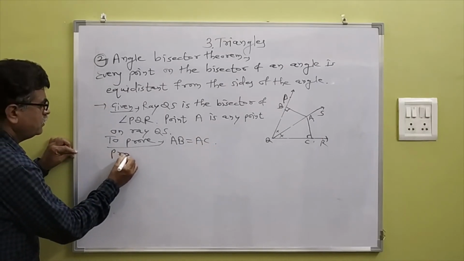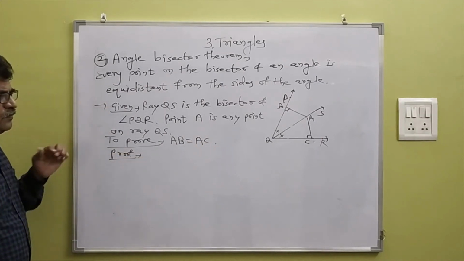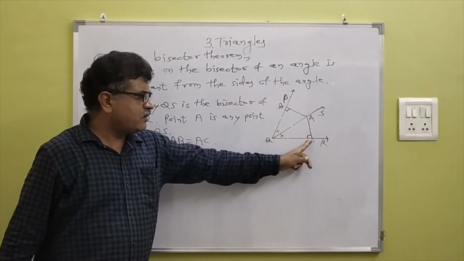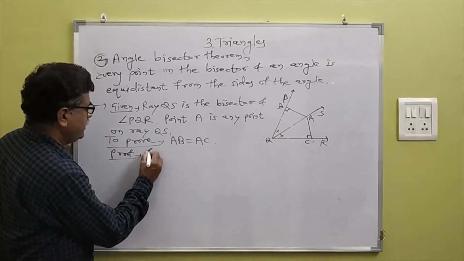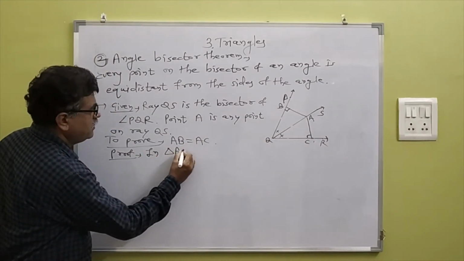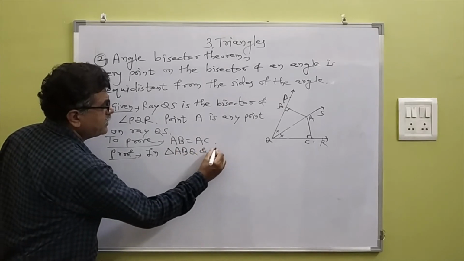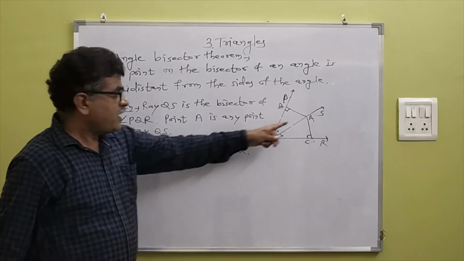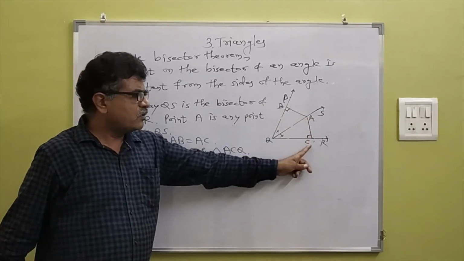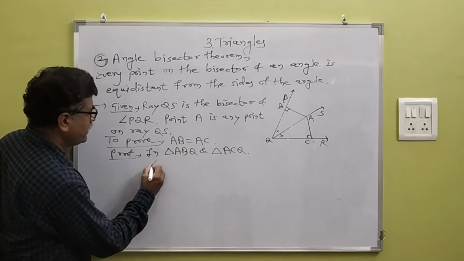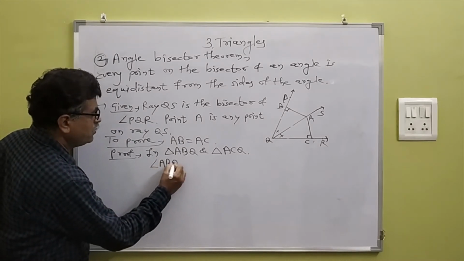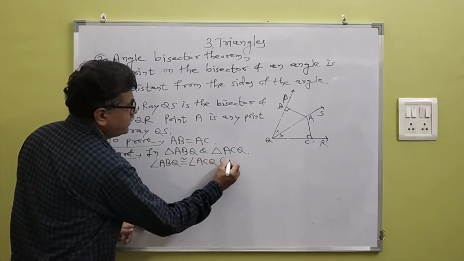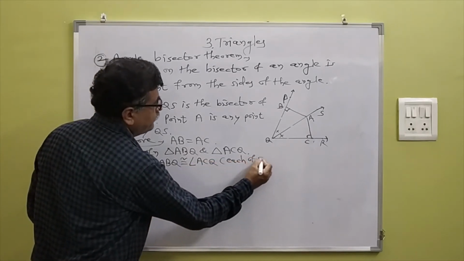Now prove. Now here, in triangle ABQ and triangle ACQ, angle ABQ congruent to angle ACQ, each of 90 degrees.